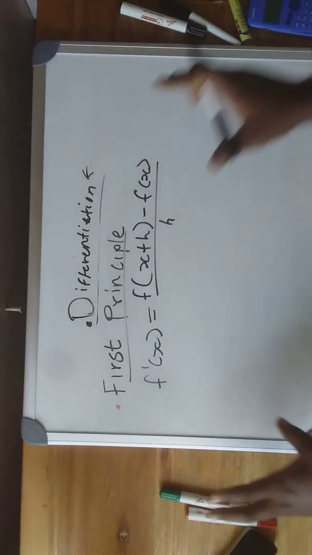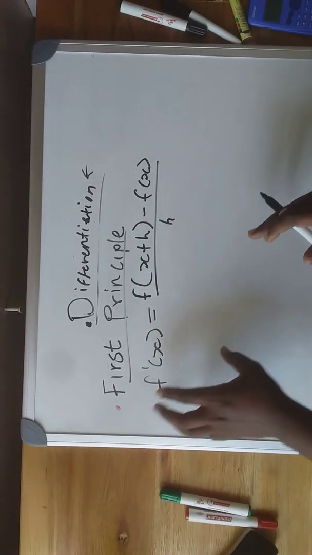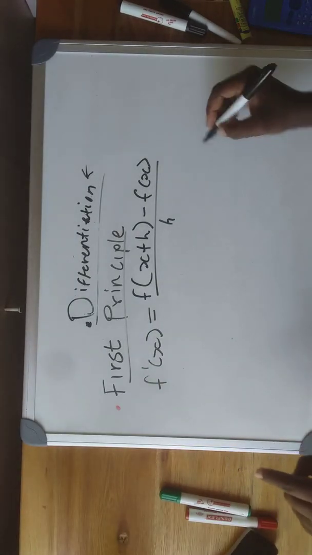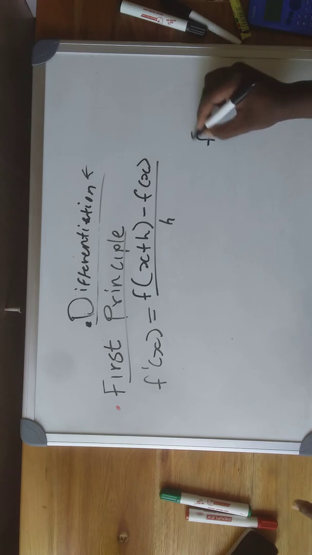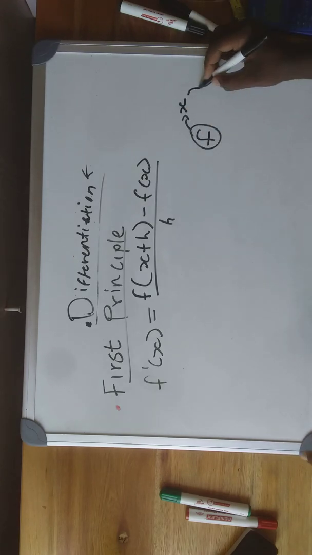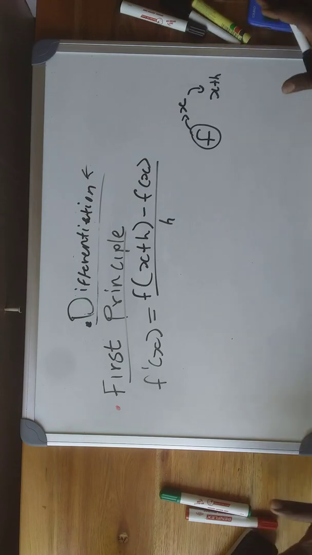So this formula is simple. What it implies is, wherever in a given equation of f you see x, you put x plus h. Simple.